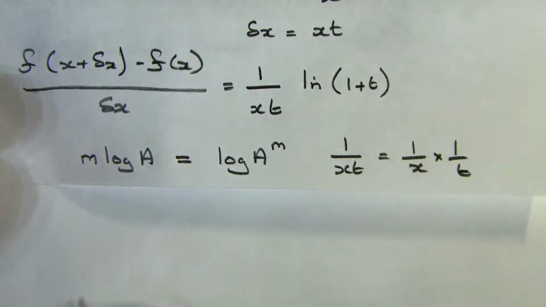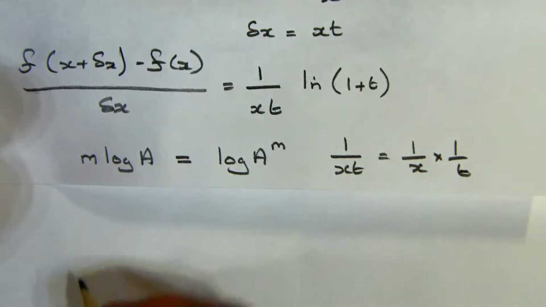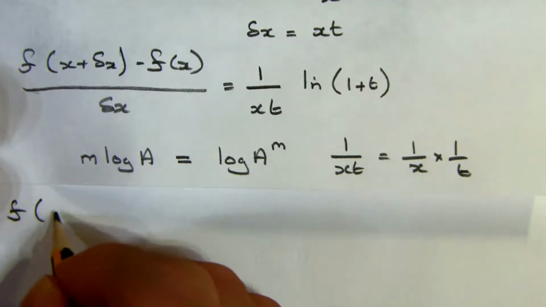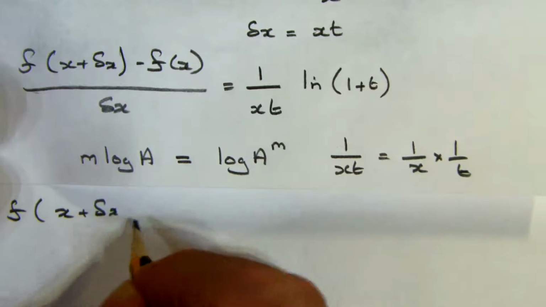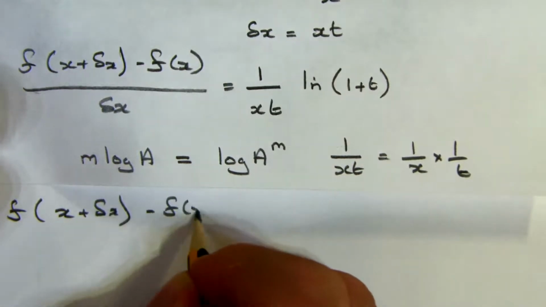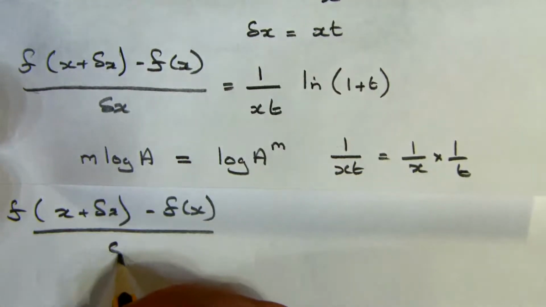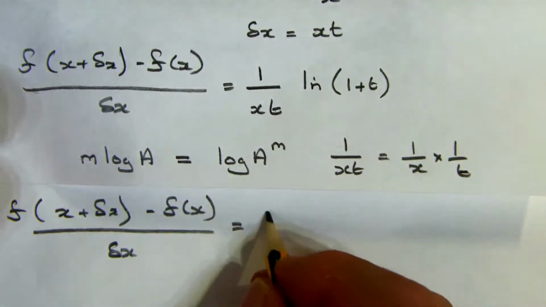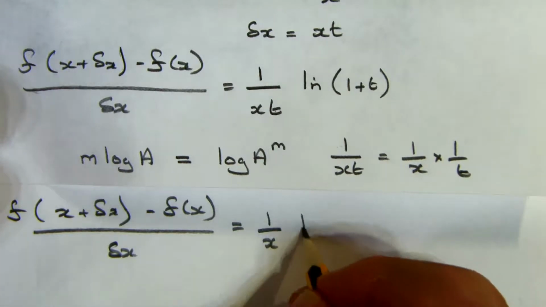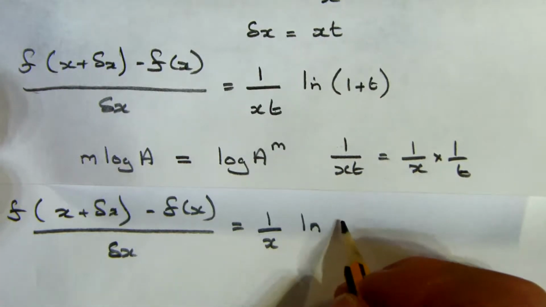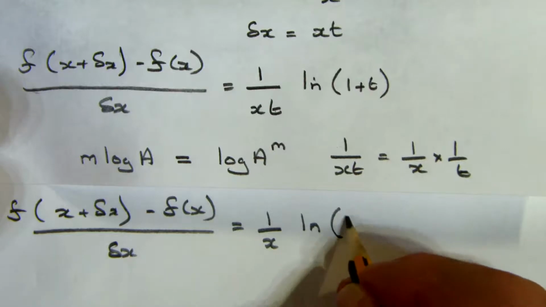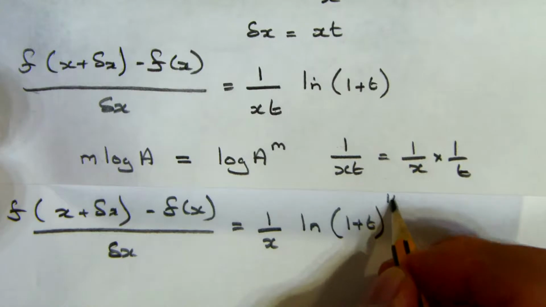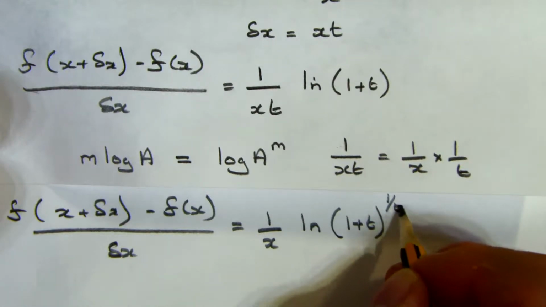And let's write this out as f of x plus delta x minus f of x, all over delta x, which could be written as 1 over x ln of 1 plus t to the 1 over t.